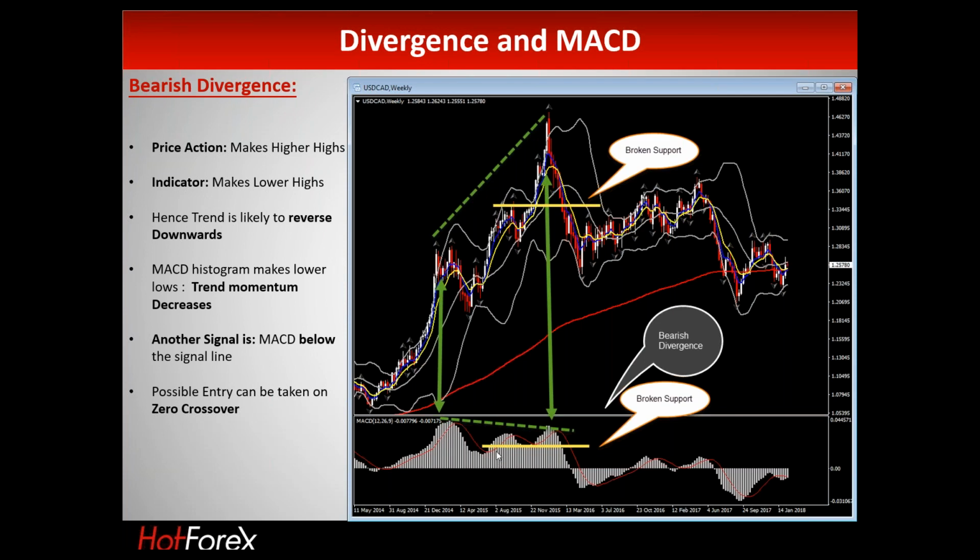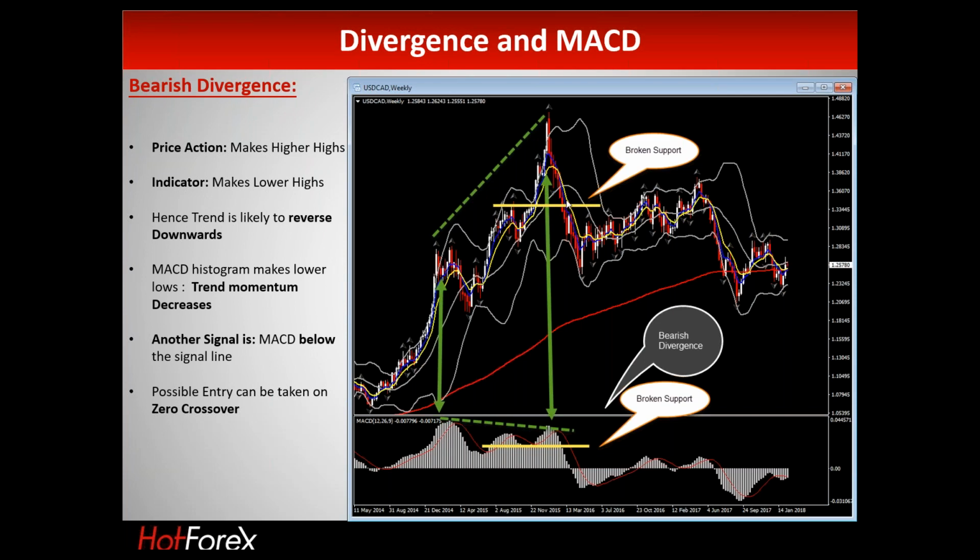Does my MACD agree with that? At this level over here, it also has a support level. Yes, it had this area, which it touched, but it went upwards again. So I put this line over here as well, and I'm waiting for my price asset. It makes many bearish candles, but I'm waiting until I see the break of the support.